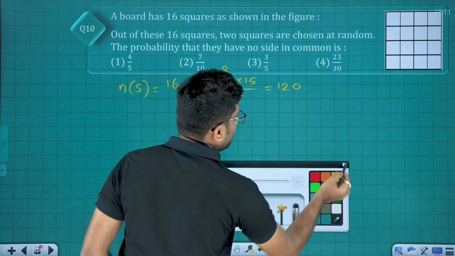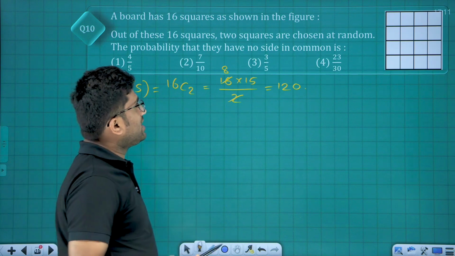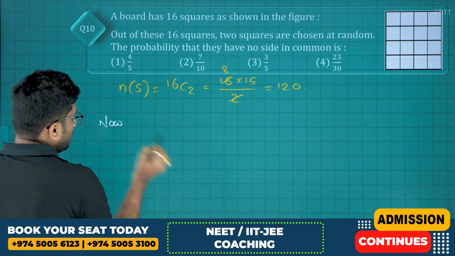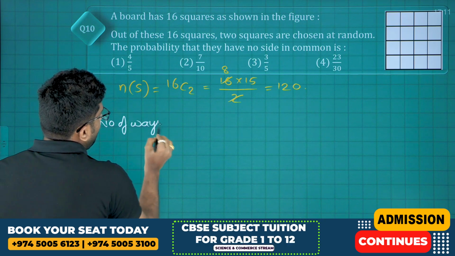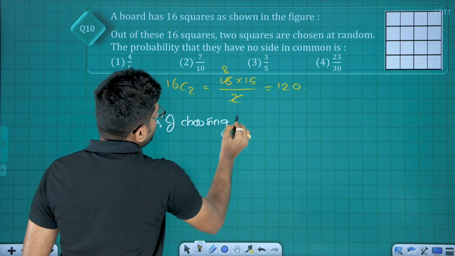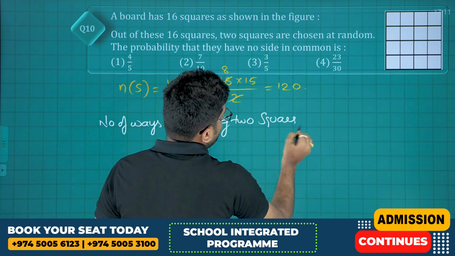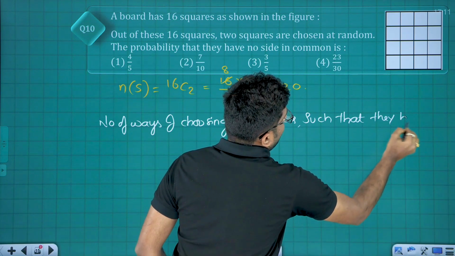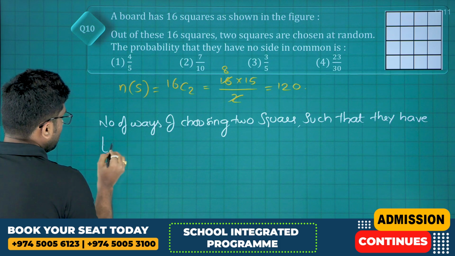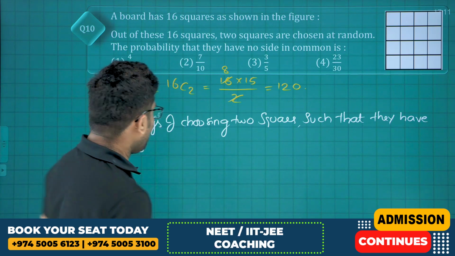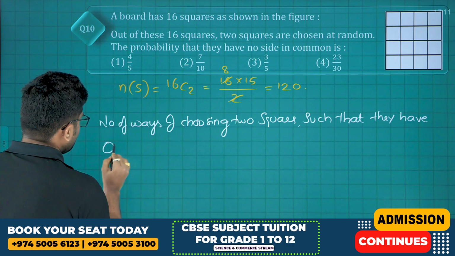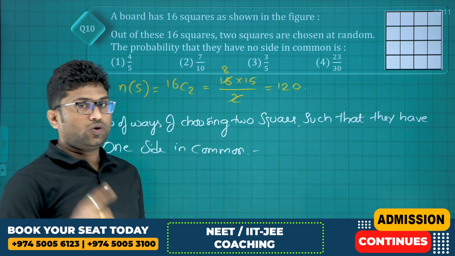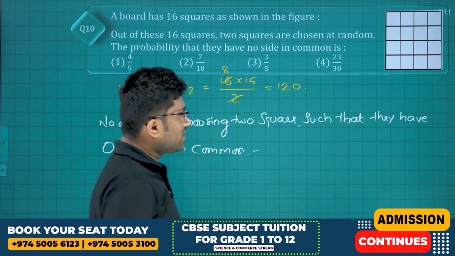It's hard to find that directly, so we are going to find the complement of it: the number of ways of choosing 2 squares such that they have one side in common.